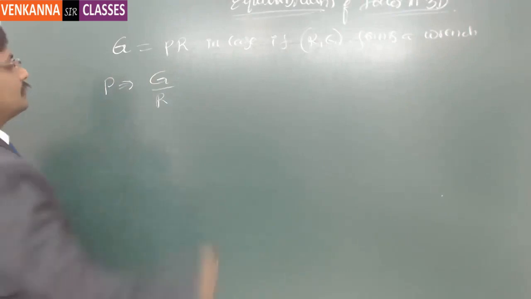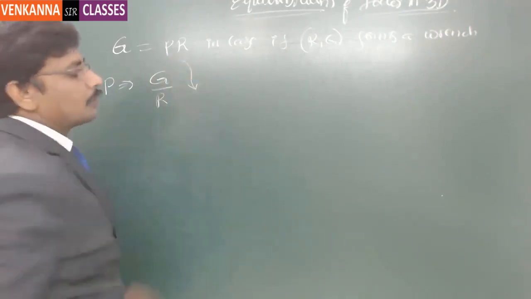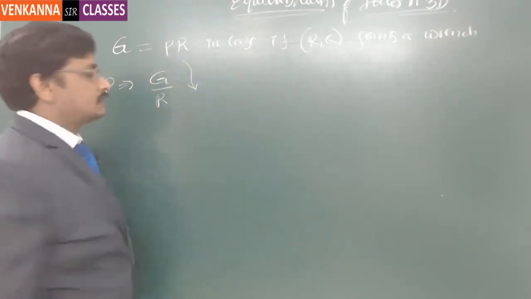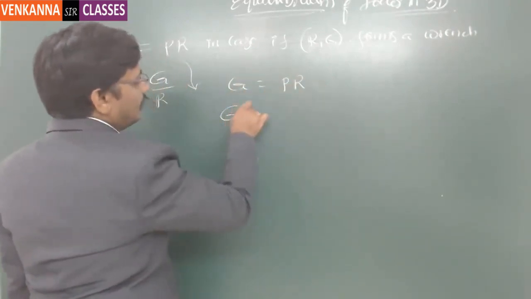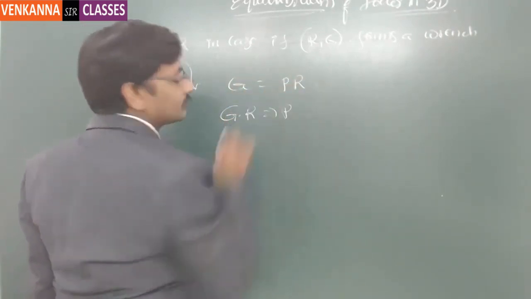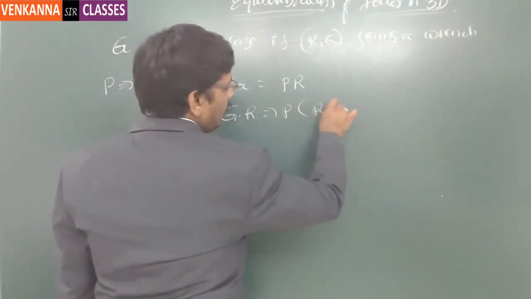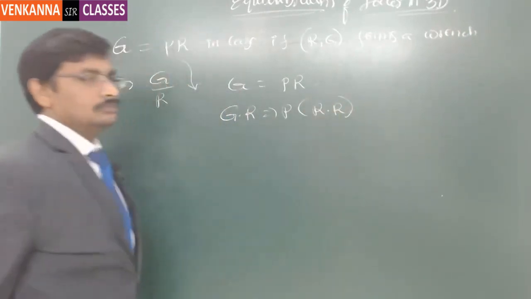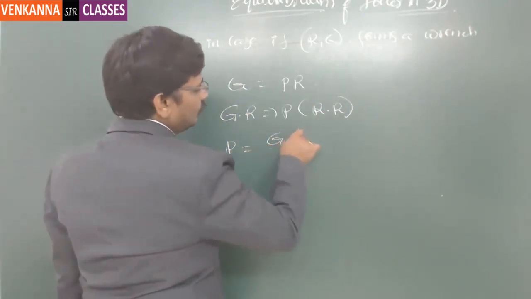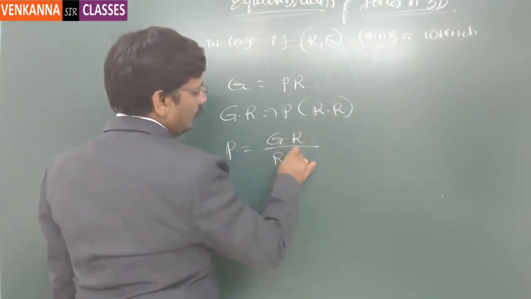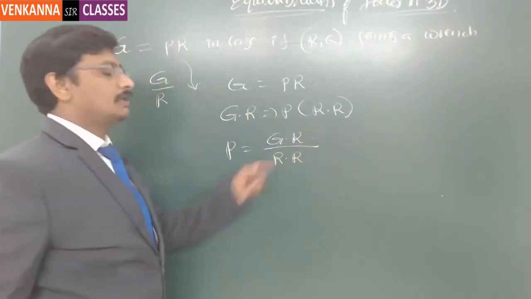Now, from this relation, if you take a dot product of R on either side, G is equal to PR, and G dot R is equal to P, which is a scalar, times R dot R. Then P can be expressed as G dot R divided by R dot R. This is a dot product.